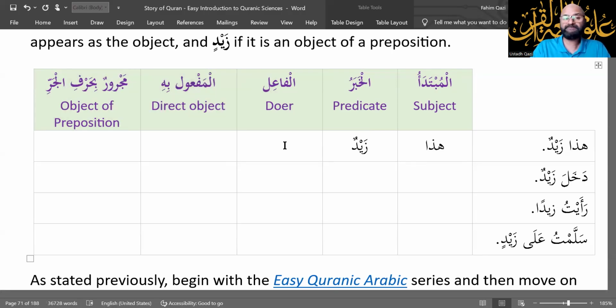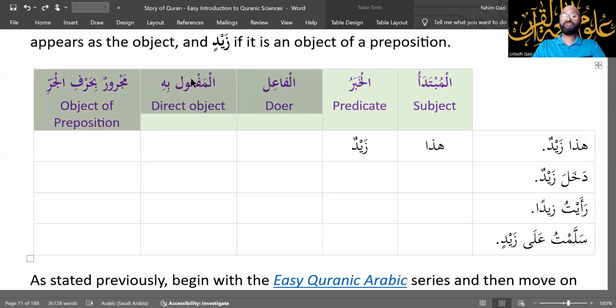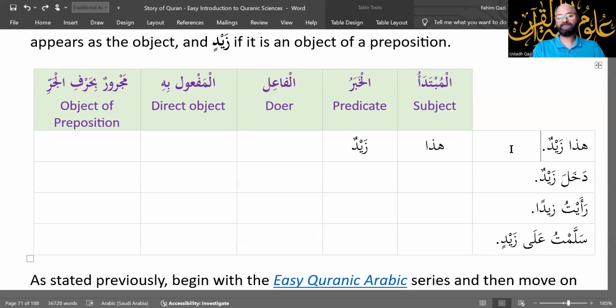And it does not have majrurun bi harf al-jar or object of preposition because there's no preposition in the sentence. It's just a two-word sentence. The minimum number of words needed to make a valid Arabic sentence is two. That's the minimum. There's no maximum. So these three, al-fa'il, al-maf'ul bihi, and majrurun bi harf al-jar do not exist in this particular sentence. We could theoretically make, as we study in Quranic Linguistics series, more advanced sentences that could have those.